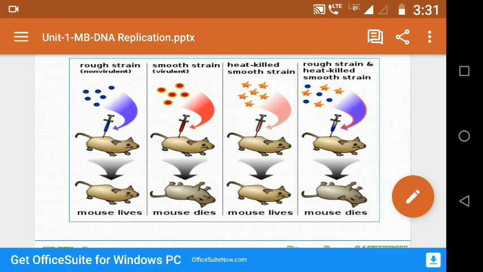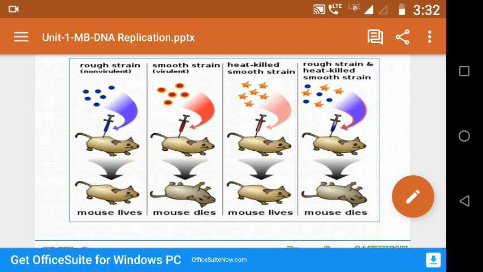But in the last stage, he combined the rough strain, which is avirulent, and the heat killed smooth strain, which is also avirulent because that bacteria is already dead. He mixed both these samples and injected them into mice.